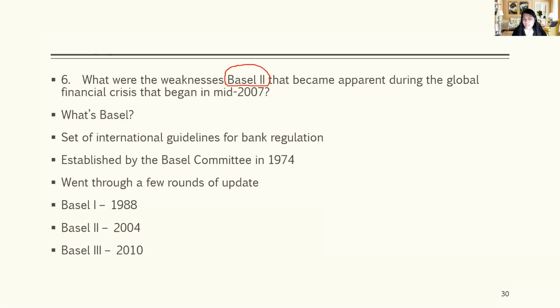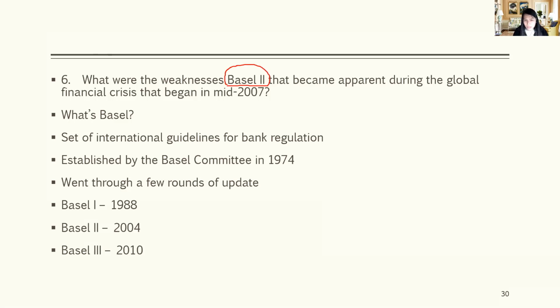So Basel is a set of guidelines for bank regulations established by the Basel Committee in 1974. So it went through a few rounds of updates and changes, and typically it follows certain flaws or certain limitations that people found out over time.